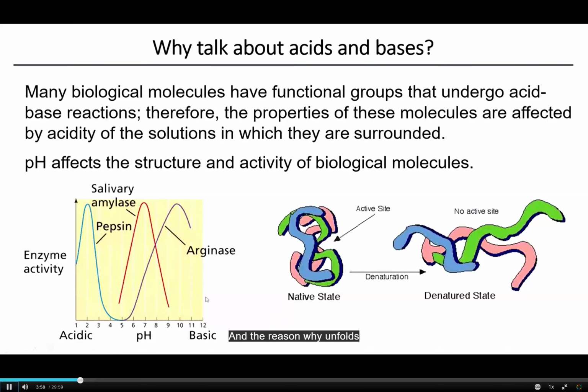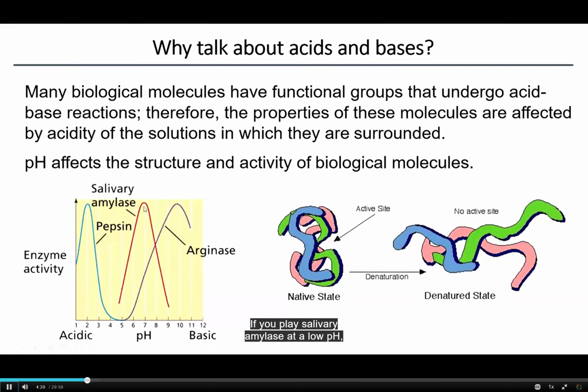And the reason why it unfolds is because the pH of the environment is affecting the charge of the functional groups that are included in the peptide structure of this protein. And so if you affect the charge of those functional groups, they can't interact appropriately in their folded state, and so they will unfold. And that is true for each of these proteins.